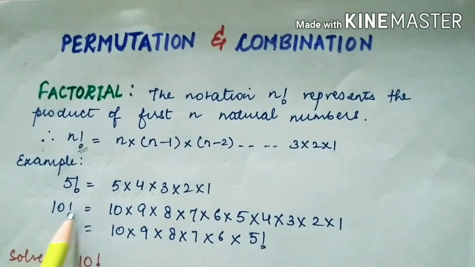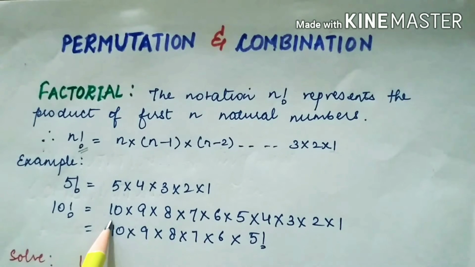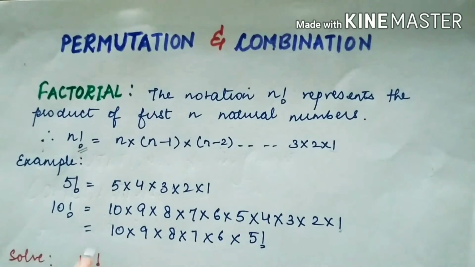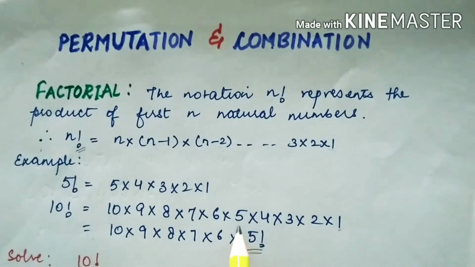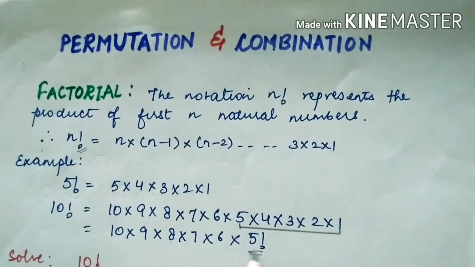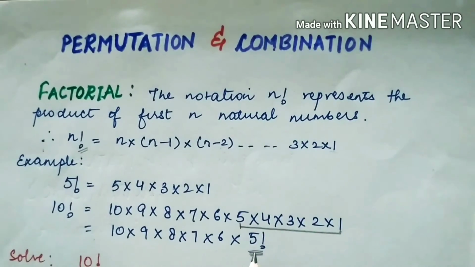Similarly, 10 factorial can be written as the product of the first 10 natural numbers: 10 into 9 into 8, 7, 6, 5, 4, 3, 2 up to 1. It can also be written as 10 into 9 into 8 into 7 into 6 into factorial 5, because we know that 5 into 4 into 3 into 2 into 1 is factorial 5.